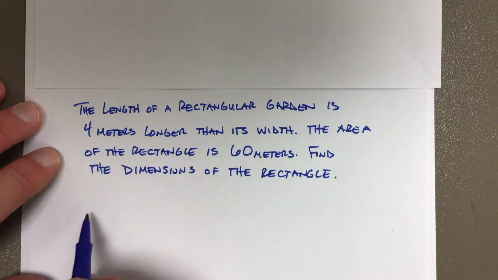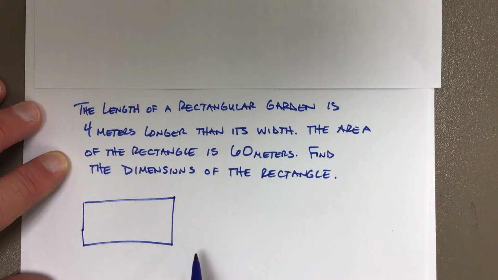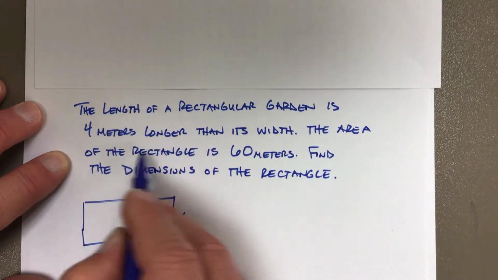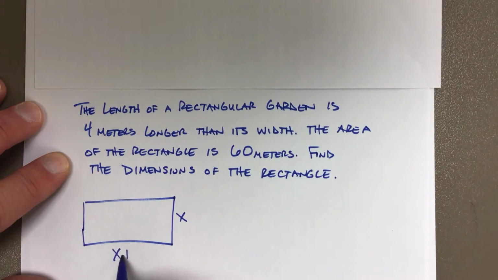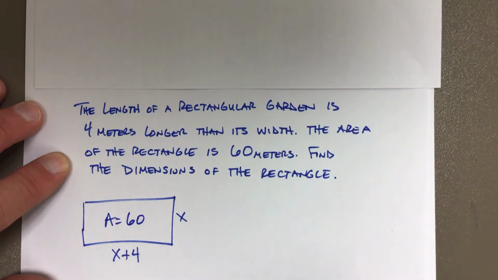I would always draw a diagram. So if I have a rectangle, so I'm just going to draw a rectangle, right? The width is x and the length is 4 meters longer. Longer means addition, right? So this is x plus 4, and the whole thing is 60 meters squared.